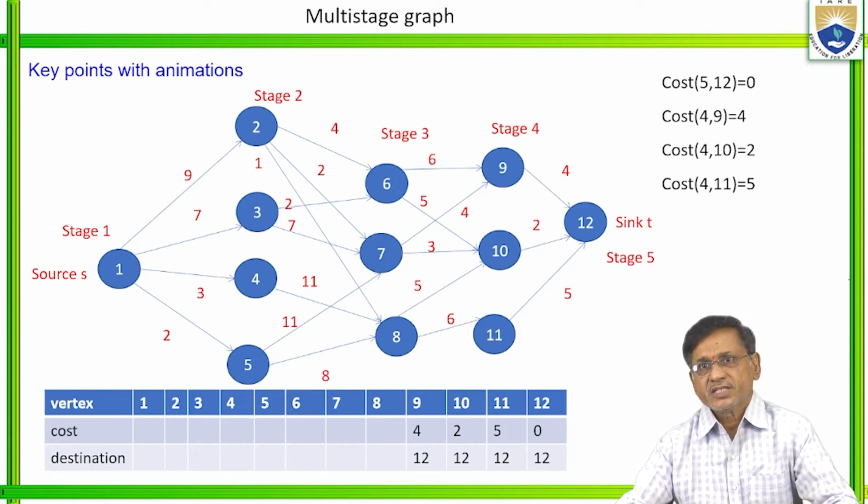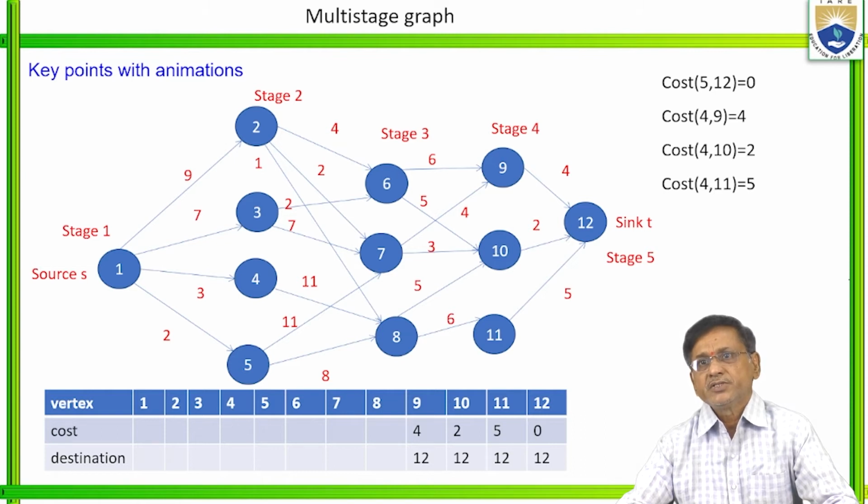Coming to the vertex 7 corresponding to stage 3. So from vertex 7, how many paths are there? 2 paths are there. One is from 7 to 9, another one is 7 to 10. Again, we have to find out the shortest path. For finding out the cost of vertex 7, we have to write cost of 3, 7. That means 3 corresponding to the stage, 7 corresponding to the vertex.